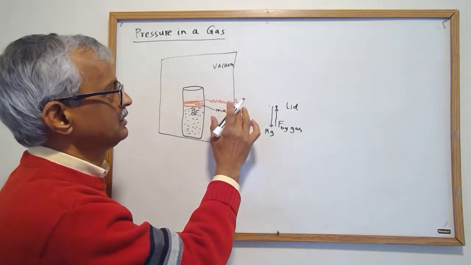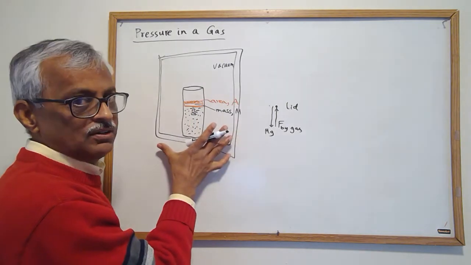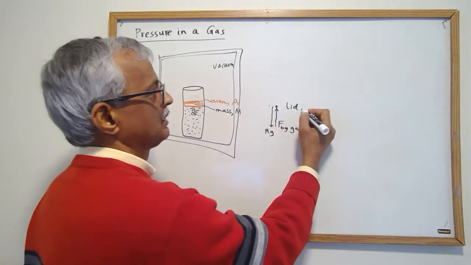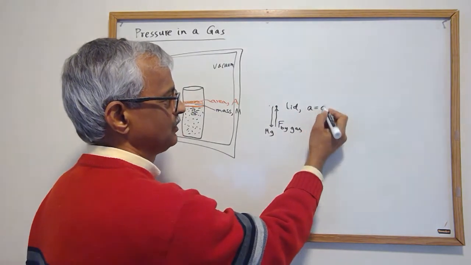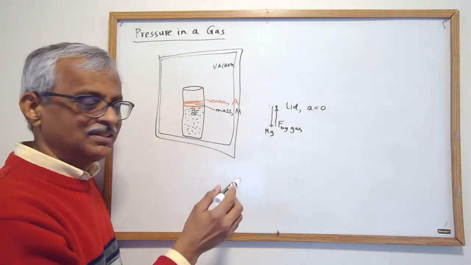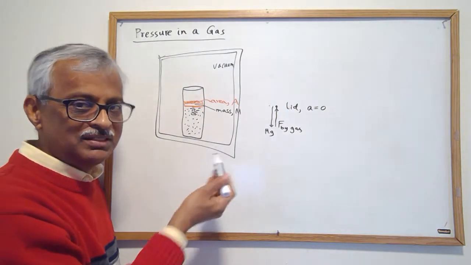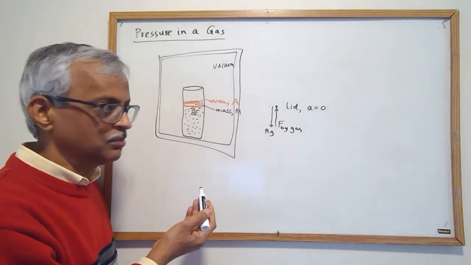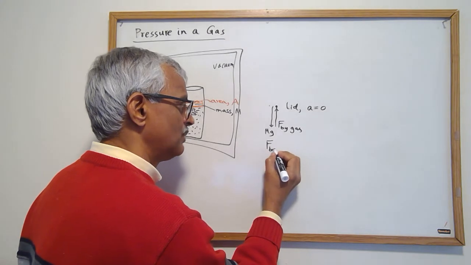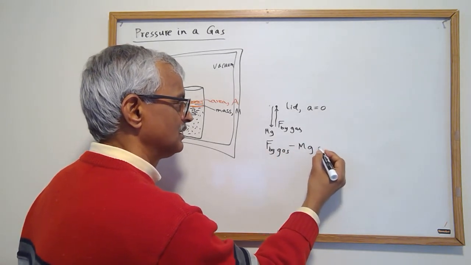And if the lid is not accelerating, so the acceleration of the lid is 0, and I ask you what is the relationship between the forces, you can immediately write that from the static equilibrium of the lid. And so you'll have F by gas minus mg equal to 0.